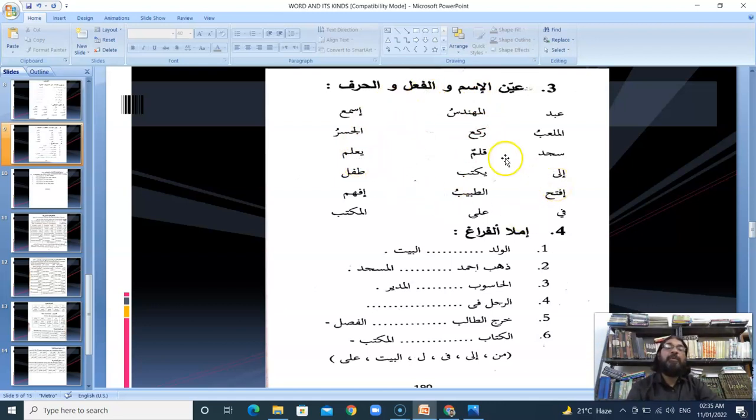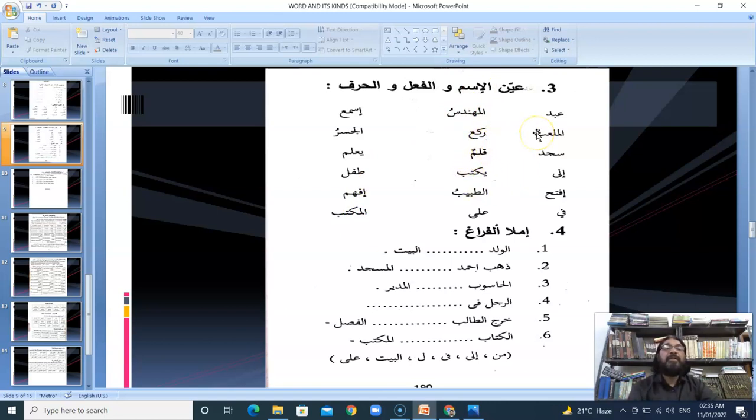Ila, to, means al-harf, the particle. Yaktubu, he is writing. Al-fi'l, the verb, simple present. Tiflun, a child. Al-ism, the noun. Iftah, open. Al-fi'l, the verb. Al-tabibu, the doctor. Al-ism, the noun. Al-maktabu, the table. Al-ism, the noun.